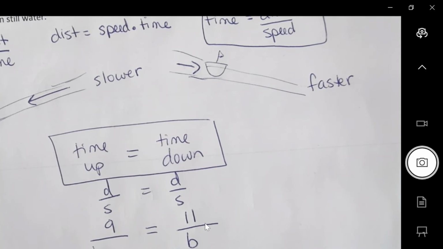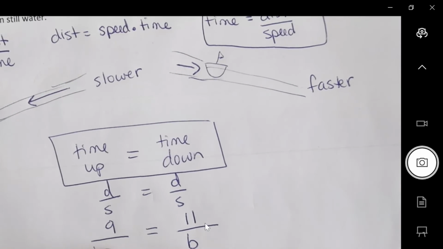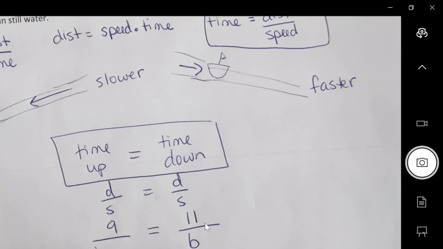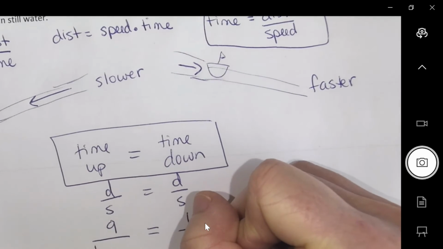So on the bottom we have the speed of the boat. And the current of the river is 3. So one of these will have an add 3 and one will have a subtract 3. The speed of the boat. It's a boat. I'm just using a B for a boat. Subtract 3 on the first one. But I thought we need to know.